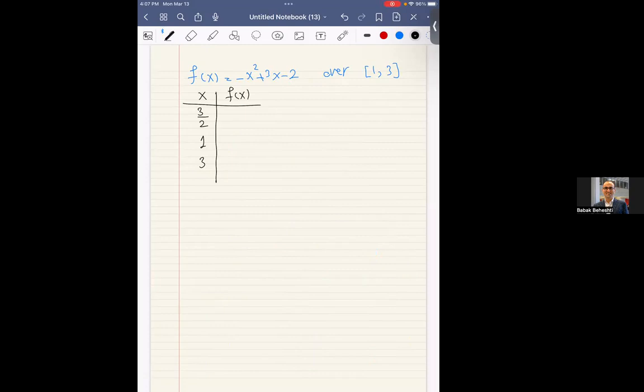So what is f of 3/2? f of 3/2 is minus 3/2 squared plus 3 times 3/2 minus 2. If you compute it, you get minus 9 over 4 plus 9 over 2 minus 2. Please check this.